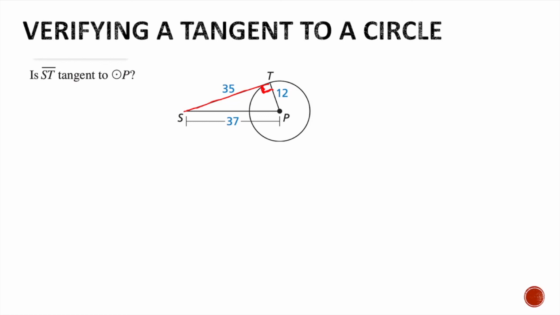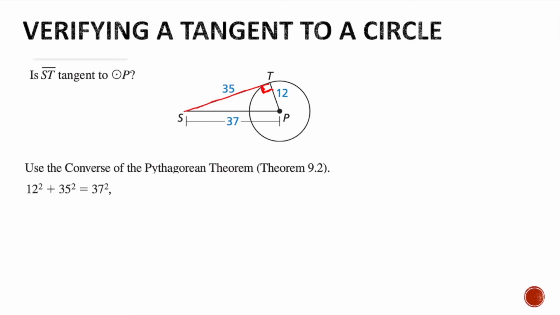Remember what we did in 9.1 and 9.2. We can use the converse theorem in this case to figure out whether it is a right triangle. So I'm going to use the Pythagorean theorem here. 12 squared plus 35 squared is equal to 37 squared. And you will see that you will get 1369 is equal to 1369.